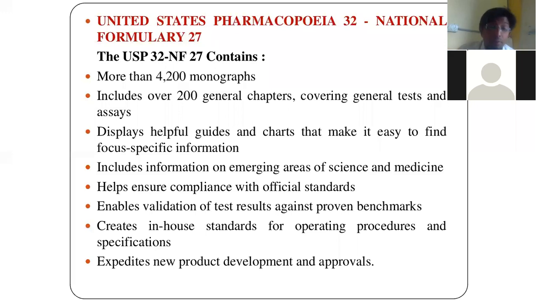It includes information on emerging areas of science and medicine, helps ensure compliance with official standards, enables validation of test results against proven benchmarks, creates in-house standards for operating procedures and specifications, and expedites new product development and approval. So these are the specifications of USP 32 and National Formulary 27.